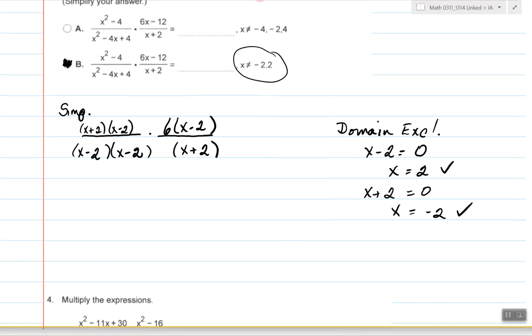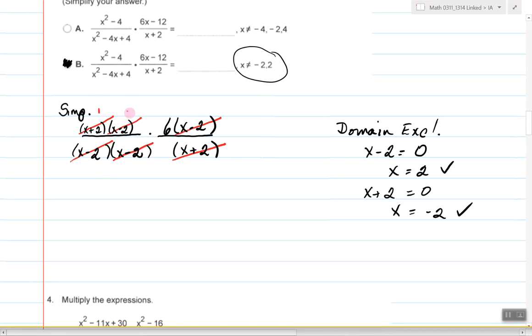So now, let me get my red pen. I have an x plus 2 and an x plus 2. You might choose to do these in a slightly different order than I do, and that's fine. I have an x minus 2 and an x minus 2. I have another x minus 2 up here and down here. Don't forget to look on the diagonals and also up and down.